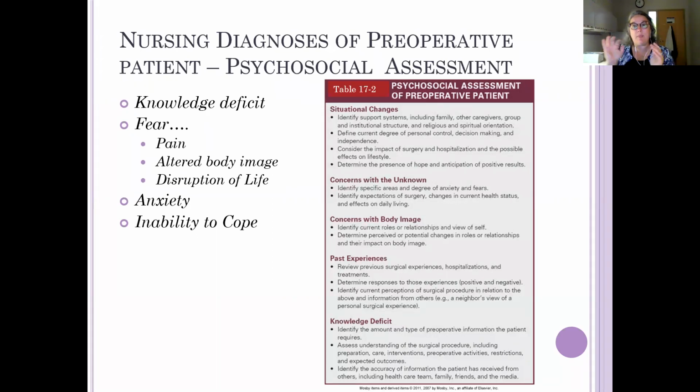In addition, people can be very fearful about post-operative pain. They may have an altered body image. Think of the person who needs to have something removed because it's causing cancer. I had a lot of people in the ICU with this.